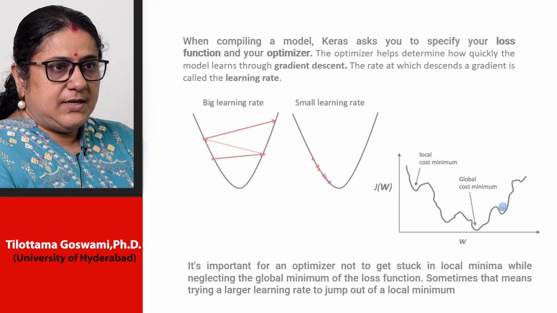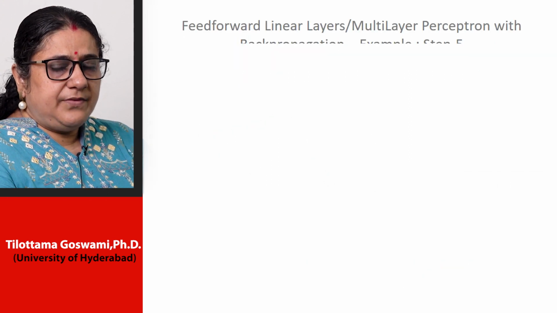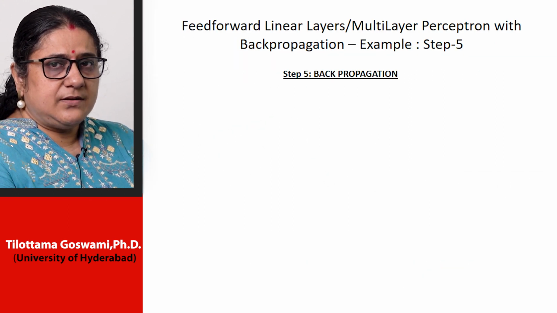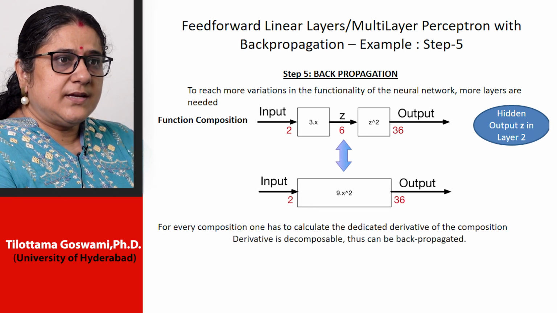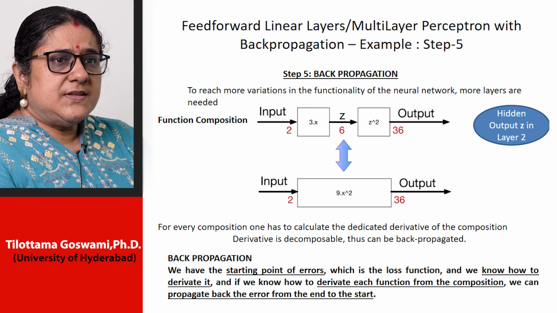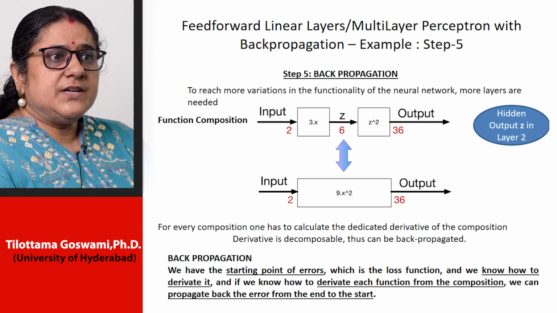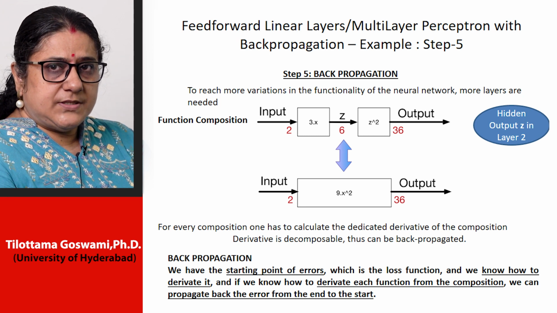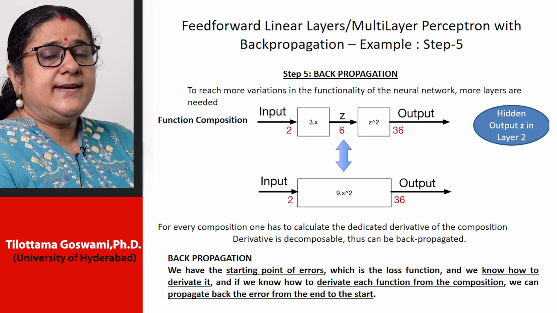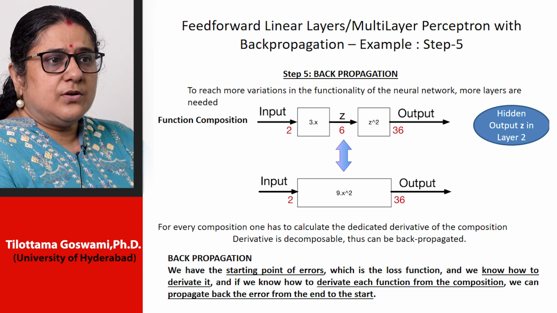Now coming to the fifth step, that is backpropagation. Now we understood that this is the error and this is how the error can be reduced. Now coming to this concept of function composition. What is function composition? For every composition, one has to calculate the derivative of the composition.